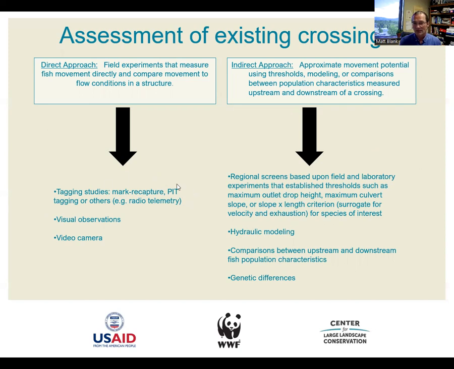So that's what the PIT stands for. Basically, in that technique, you insert a little small chip into the fish, you put antennas into the stream and the structure itself, and those antennas record when that fish moves by them. It provides a timestamp for each individual fish, and then you can also know the exact location they were.